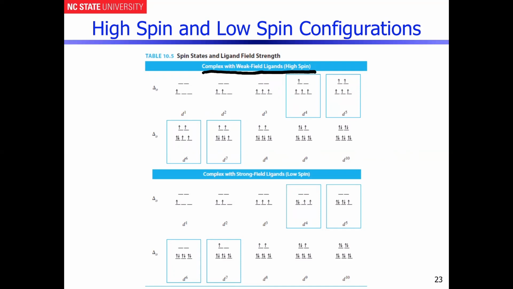And as I said before, d1, d2, and d3 are all basically going to be high spin no matter what you do, because you're going to just fill the lower energy orbitals first. It's only when you go to d4, d5, d6, and d7 where you can have the differences in high spin and low spin configurations, but these on the top here are the high spin configurations.